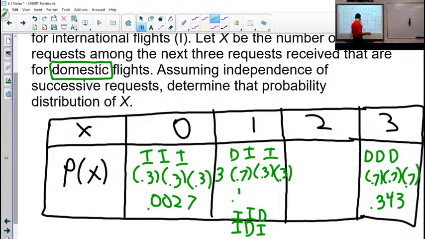I'm getting 0.189. Someone double check me on that one. Make sure my mental math is still working this morning. And then see if you can figure out what 2 is going to be.